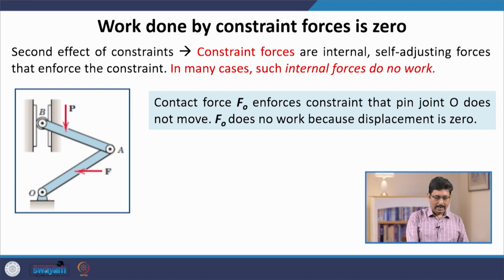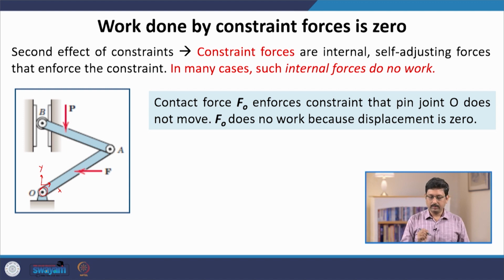Now, there is another force at this joint O, which is fixed. In this case, the force need not be in the vertical direction. In general, it can have a component in the vertical direction as well as in the horizontal direction, let us call them the x direction and y direction.